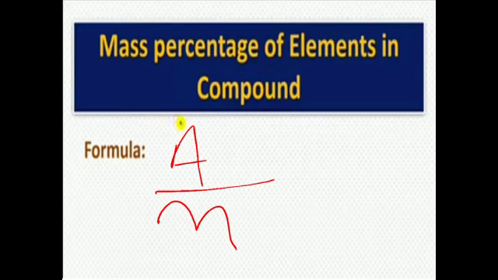Suppose any molecule is given, suppose CaCl2, that is calcium chloride. So the atomic mass of calcium upon the molecular mass of calcium chloride gives us the mass percentage.